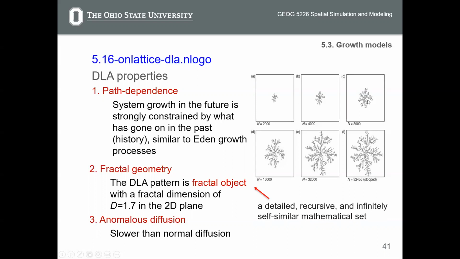Now we have 6 figures showing the process of a DRA simulation. This is the pattern at 2,000 steps. This is the pattern at more than 32,000 steps. But you can see the pattern of this tree does not change during this process. So this is A, this is F, right?